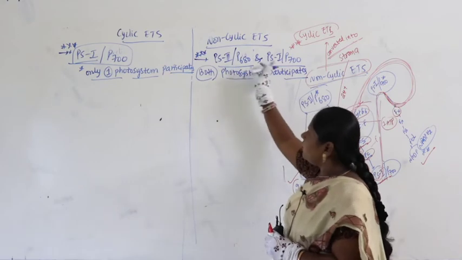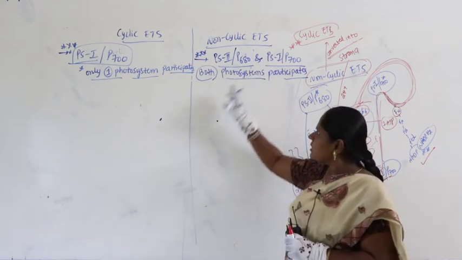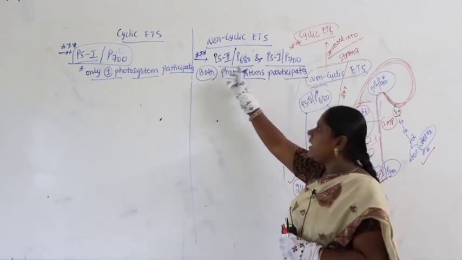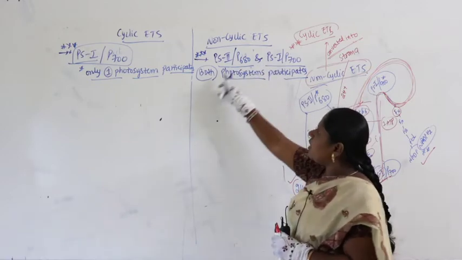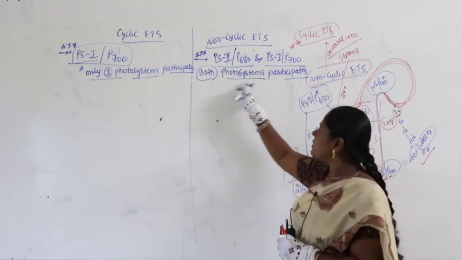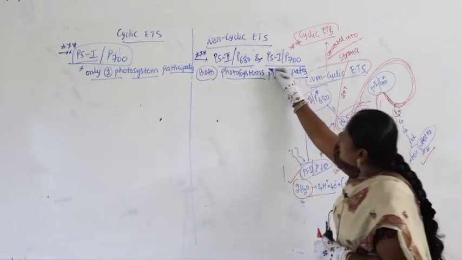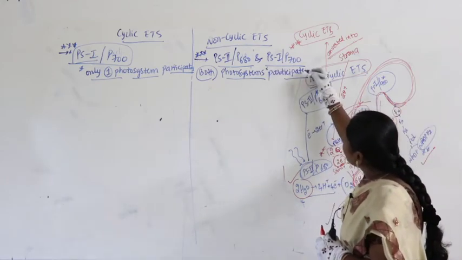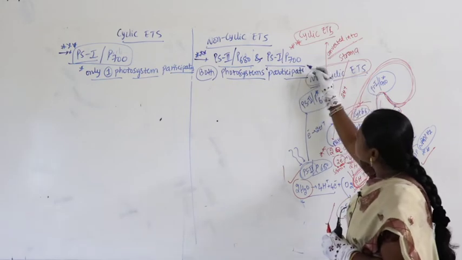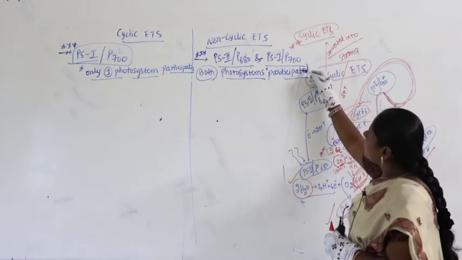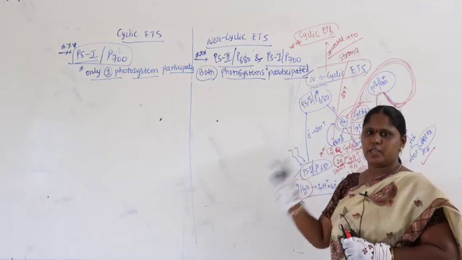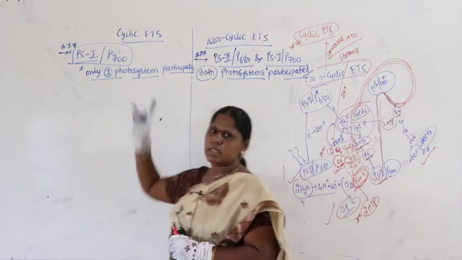Photosystem 2 and 1 we are writing in sequence. It starts with photosystem 2 and ends with photosystem 1. Both PS1 and PS2 participate, but here only PS1.